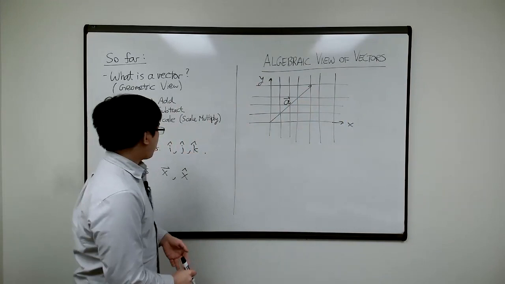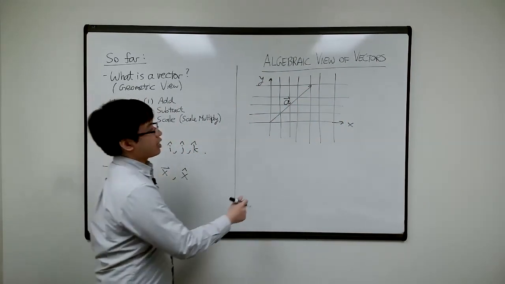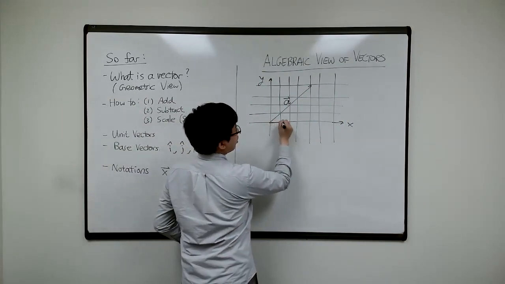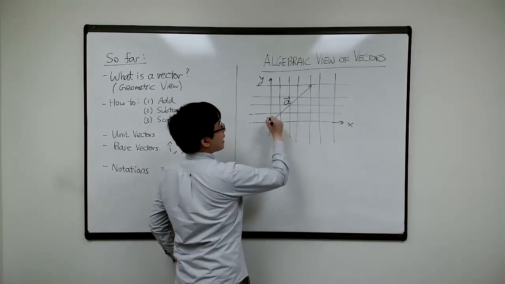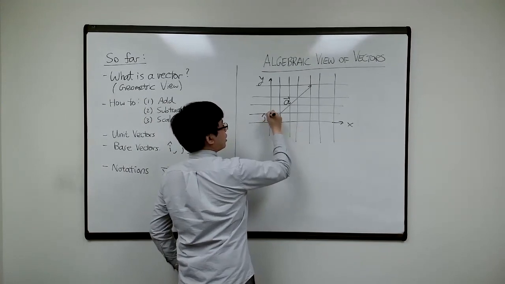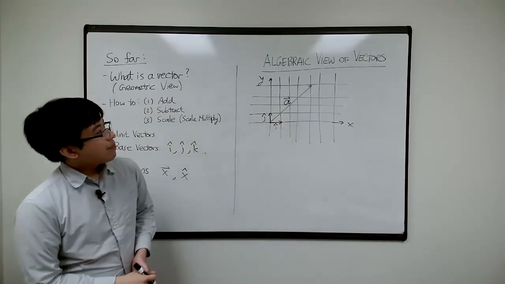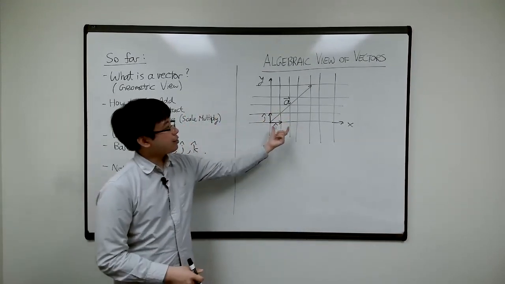And remember, we also know what a base vector is. A base vector is, from the starting point, 1 unit to the right, that's i, and 1 unit to the top, that's j. But now you can find a relationship because you know how to add vectors.